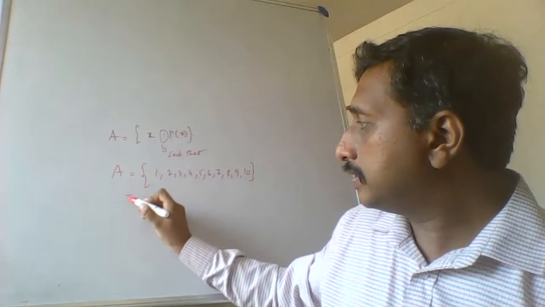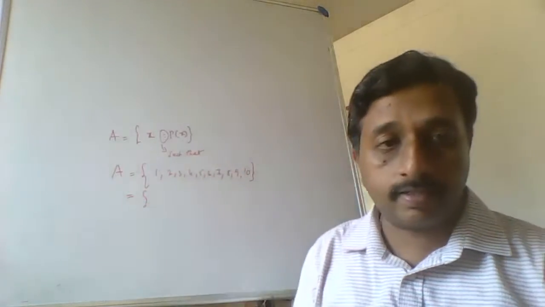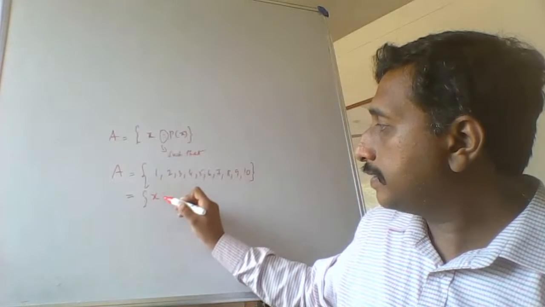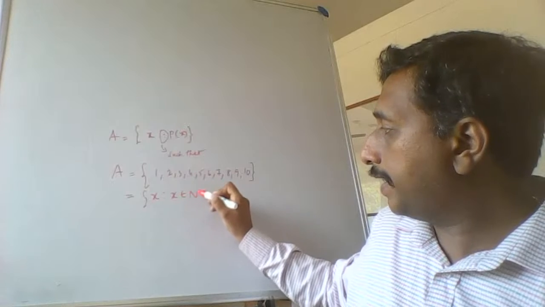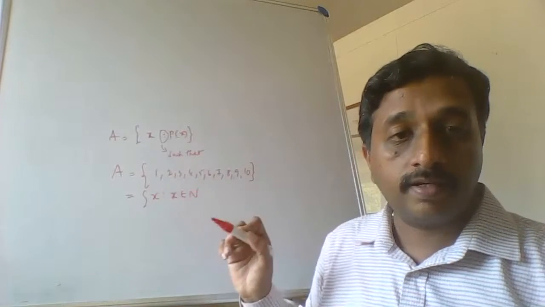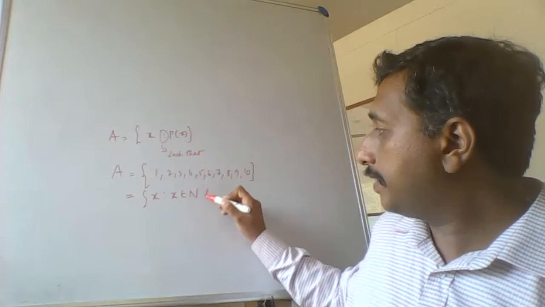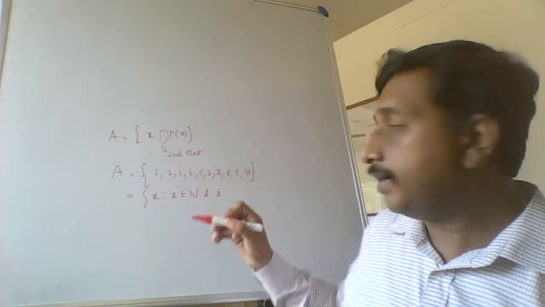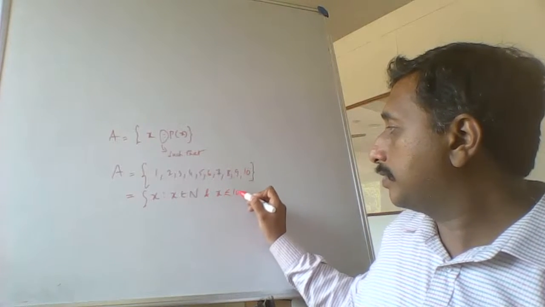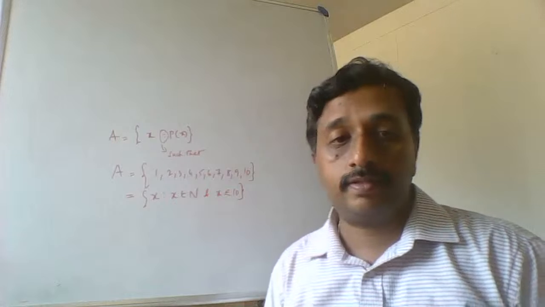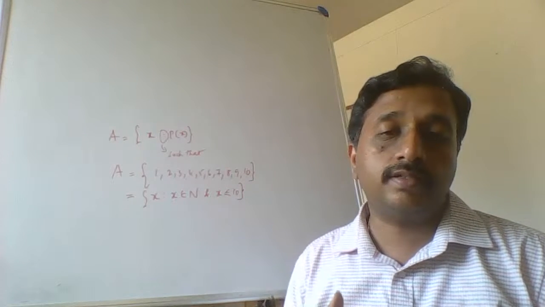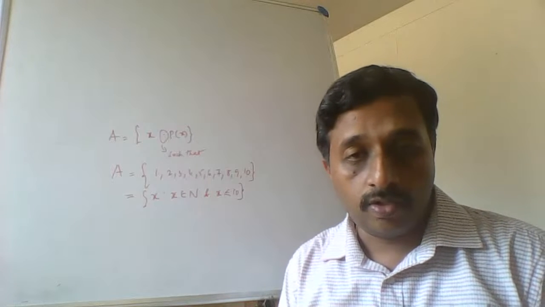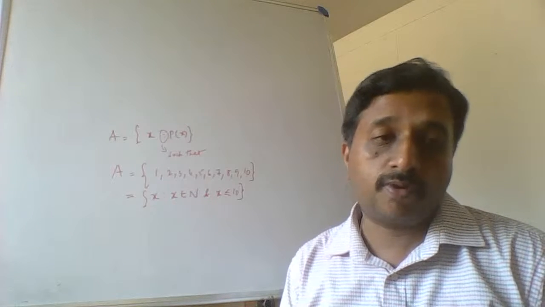This is written as {x : x belongs to N, and x is less than or equal to 10}, where N is the natural numbers. That's what it meant. So this method is known as the rule method, or the property method.